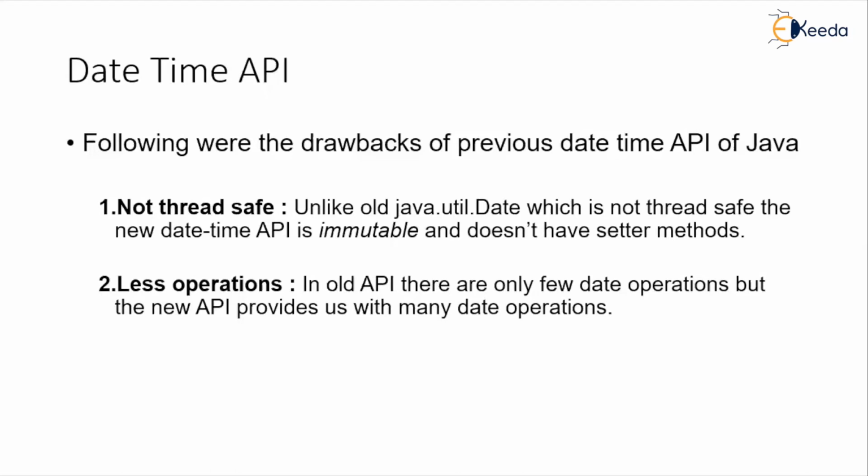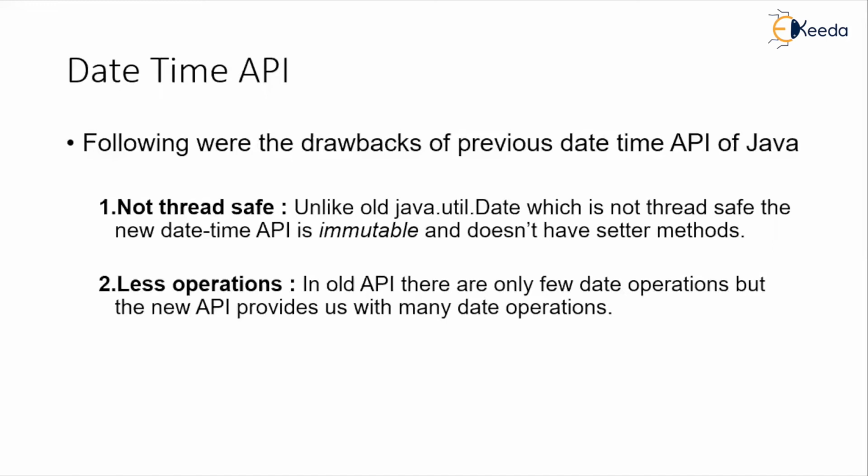Along with this, another drawback was that java.util.date is not thread safe. However, the new datetime API has immutable classes and they don't have setter methods. They are also thread safe.